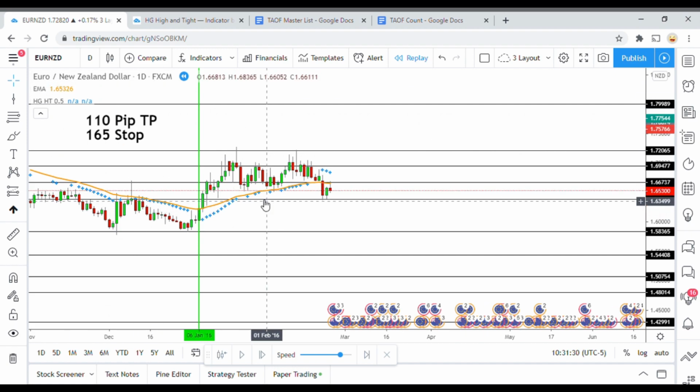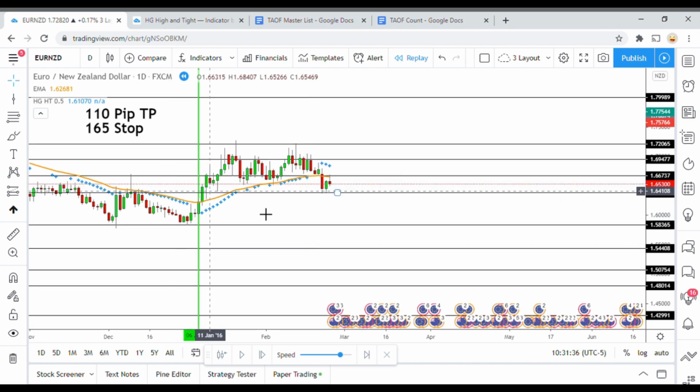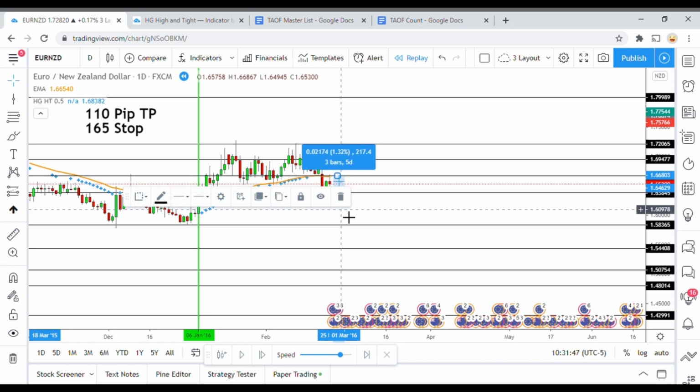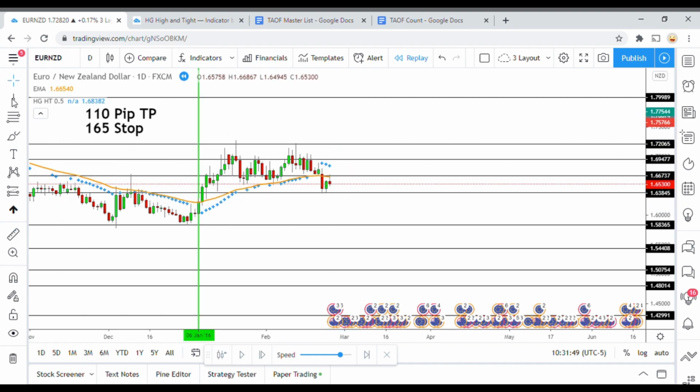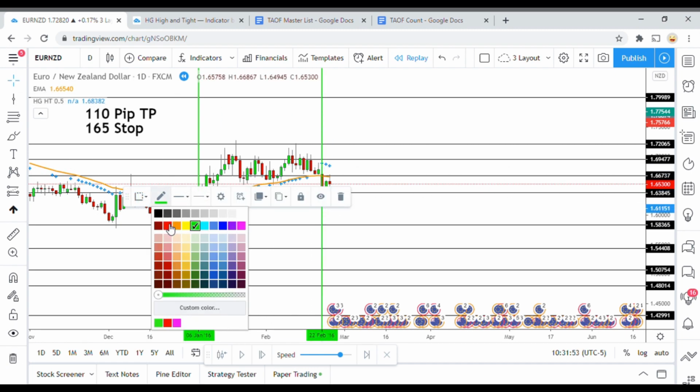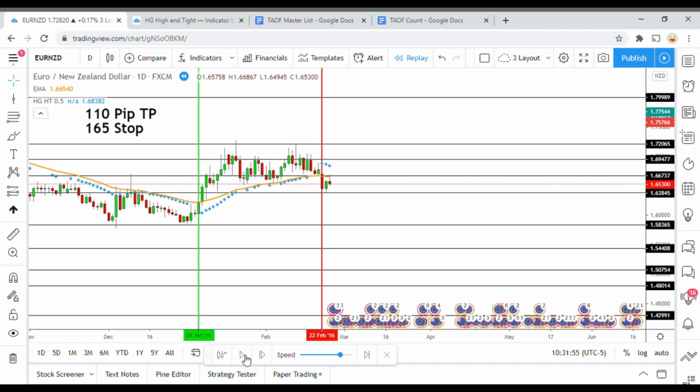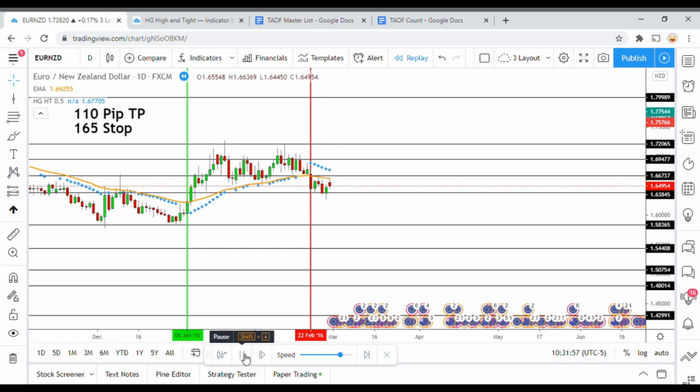That's because the high and tight is based off of the EMA, and I am using an EMA on a different period, a little bit slower, so that I can really confirm that price action is in a specific trend. So we picked up a down signal here, short, and unfortunately that one did not work out in our favor.